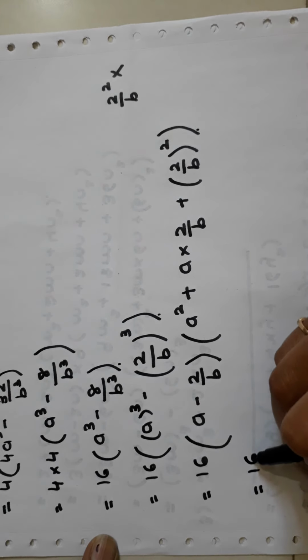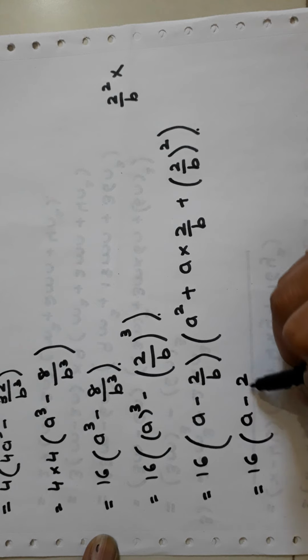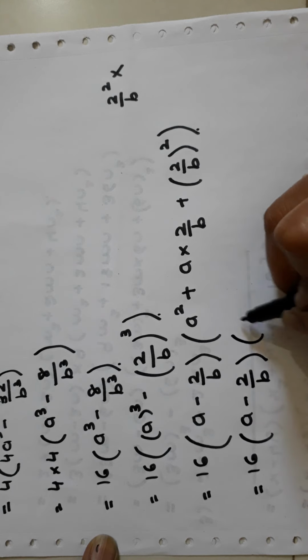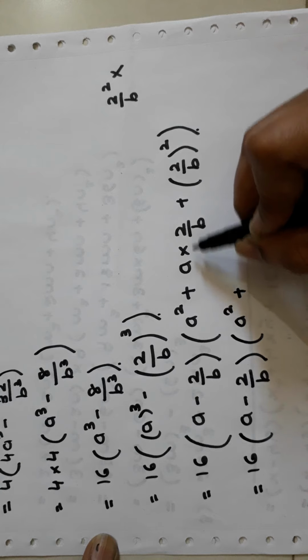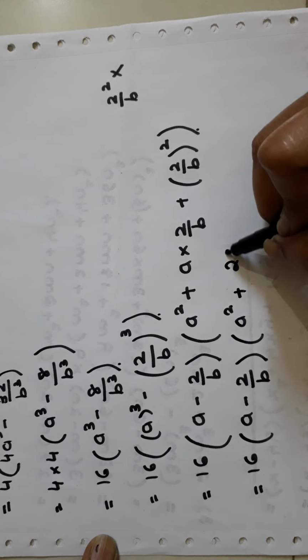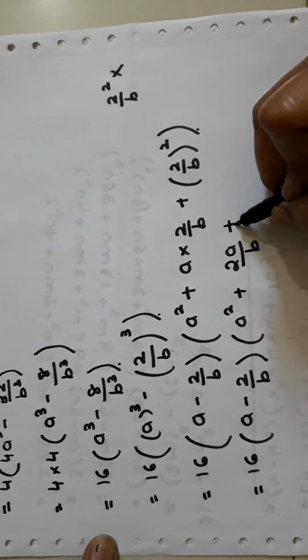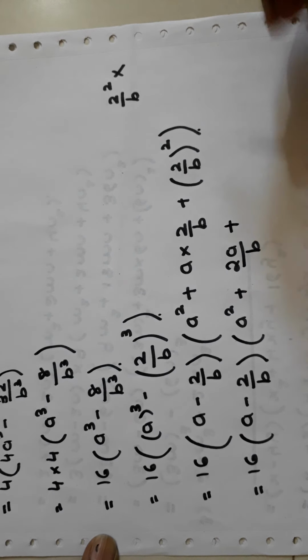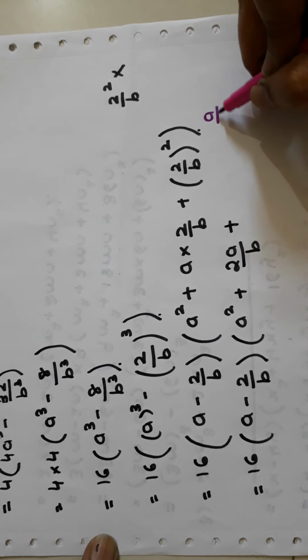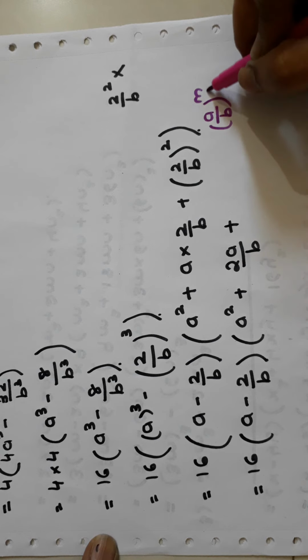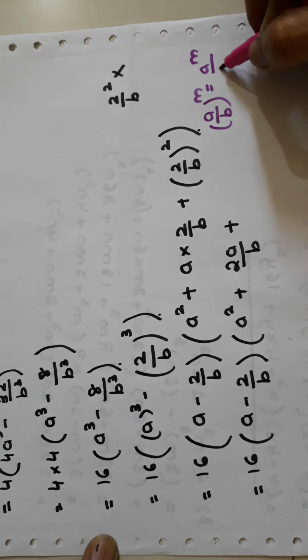This is equal to 16 (a minus 2 upon b), a square plus multiplication of unlike terms 2a by b, numerator into numerator upon denominator, plus law of integers. Now here I am going to apply the law of integers. (a upon b) the whole raised to m is a raised to m upon b raised to m.